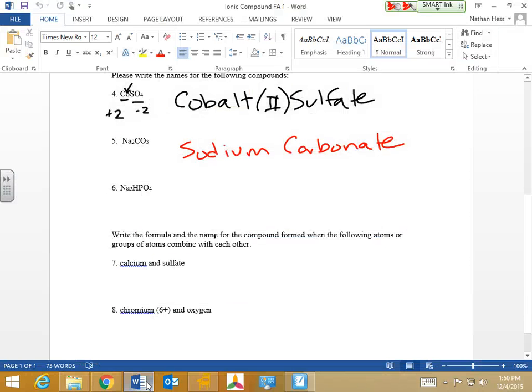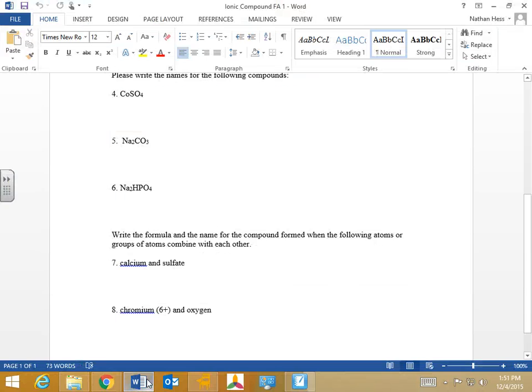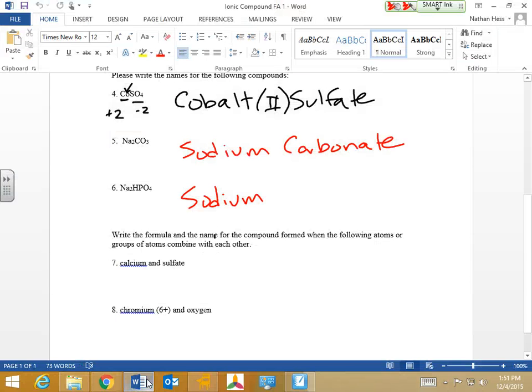Last but not least, sodium is again there. And our polyatomic ion, I don't think is on this list, and I apologize for not having it on here. But that is HPO4. It would be sodium hydrogen phosphate.